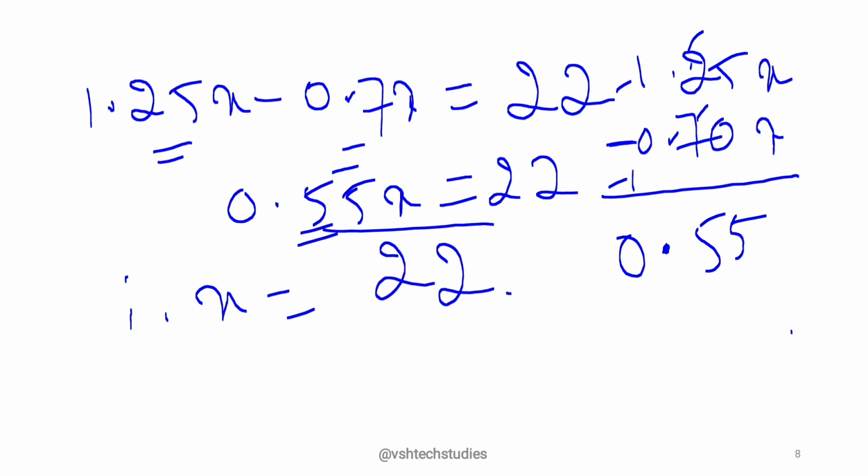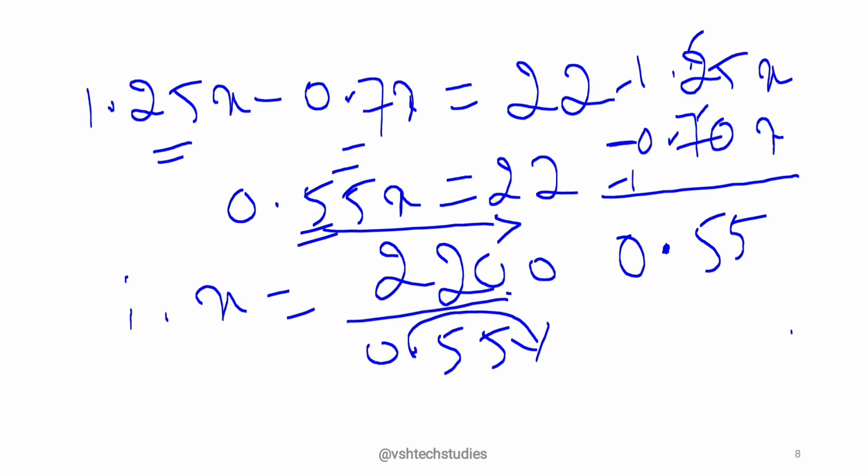So 0.55x equal to 22. If you send this to the other side, it goes to the denominator. So here 22 divided by 0.55. Now to simplify, shift this by 2 decimal places. Then here we have to add 2 zeros. Now cancelling, 5 11s are 55, then 5 4s are 20. 22 minus 22 is left. 2 and 0, again 5 4s are 20, then this 0 is there.